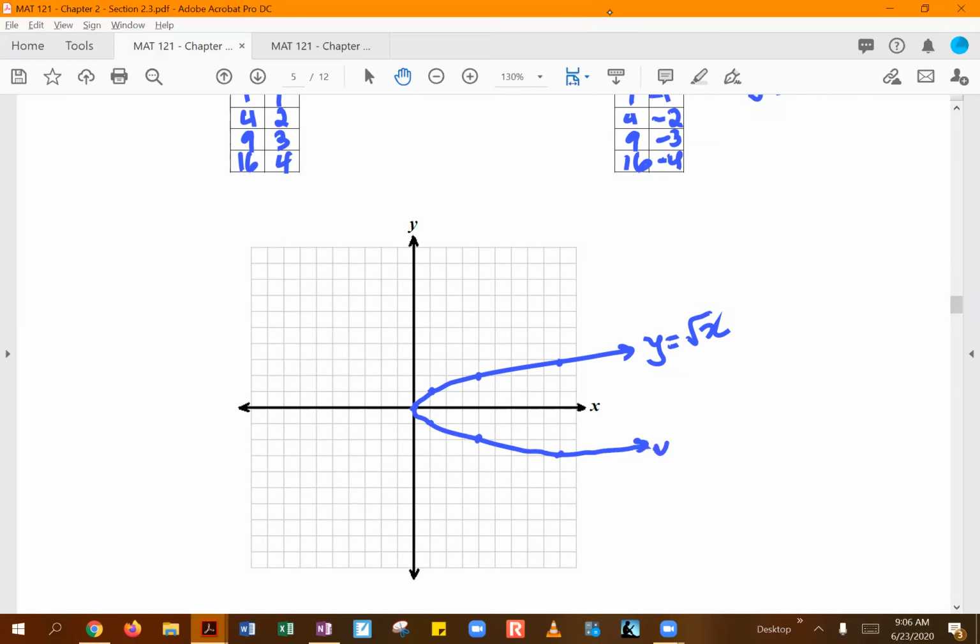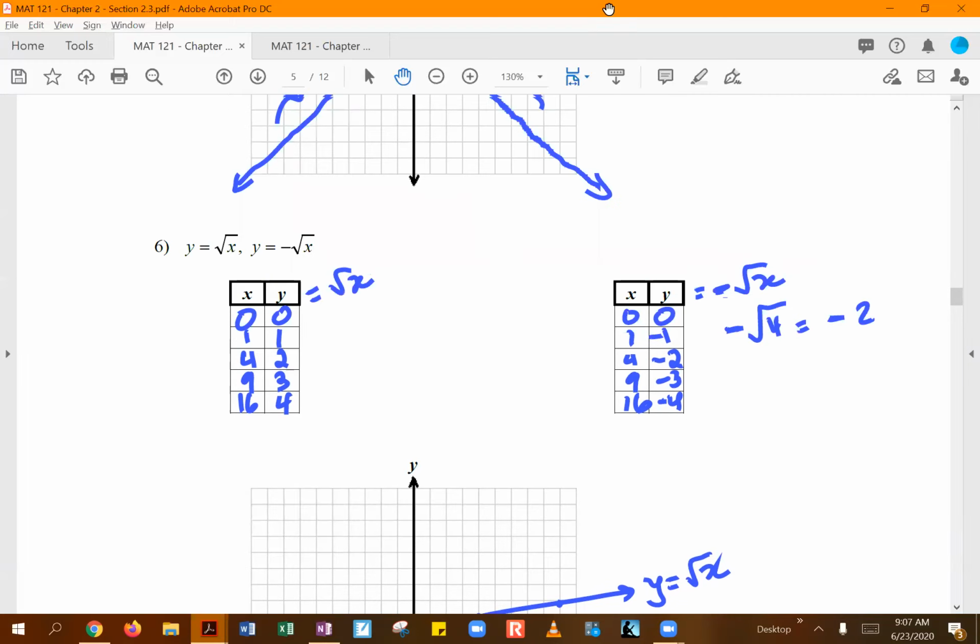So that one now becomes your reflection. And remember, if you take both of these arms together, this becomes your x equals y squared function. Remember the parabola that opens to its right that we had seen in section 2.2. So that's basically how your reflection works out to be.